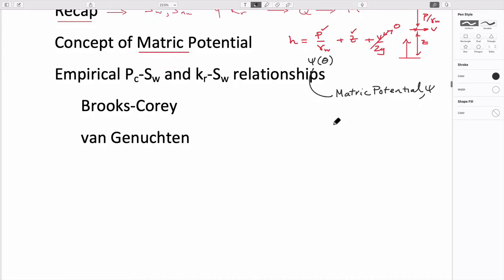And it's a function of the volumetric moisture content. So maybe write that out, psi of volumetric moisture content.